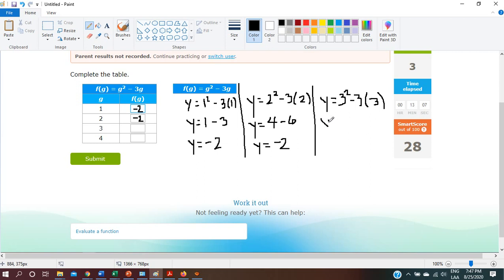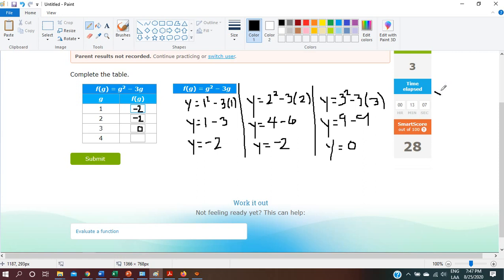Now y equals 3 squared equals 9 minus 3 that multiplies 3 equals 9. So y equals 9 minus 9 equals 0, and that is our answer over here.